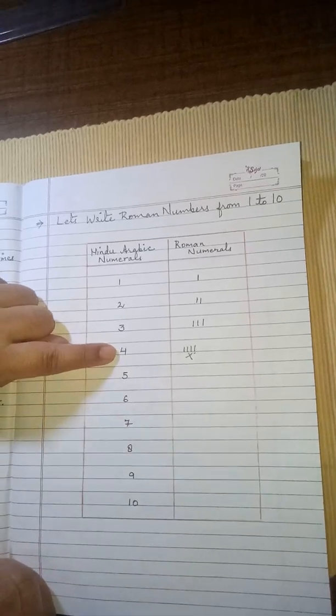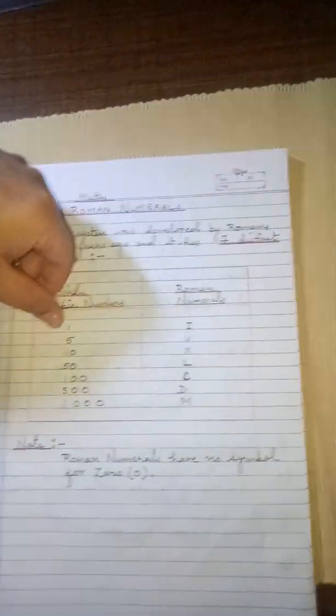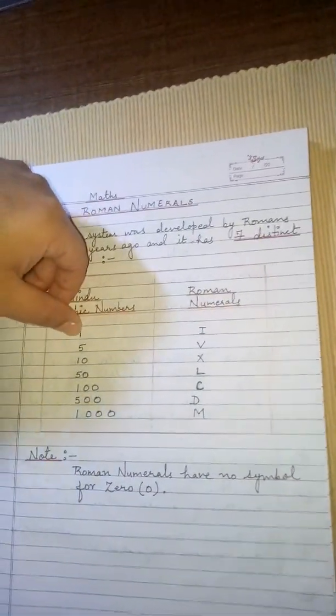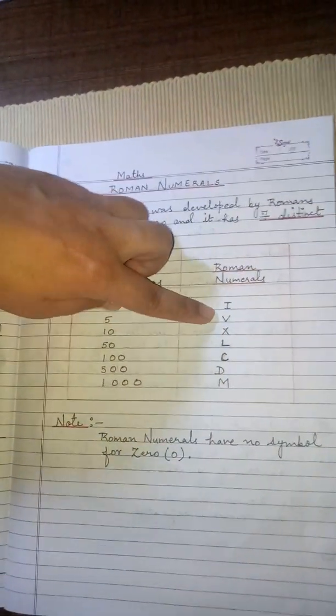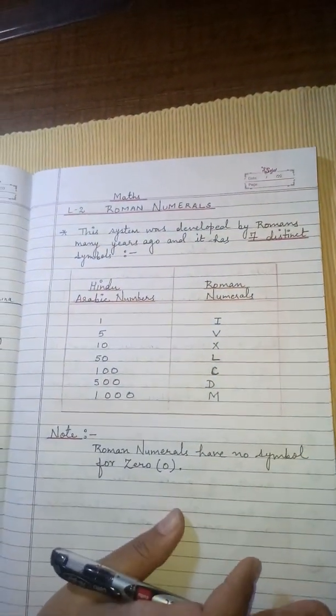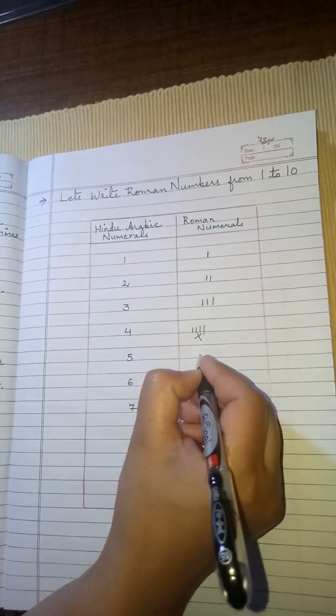Children, let's move on to the next distinct symbol. After 1, another distinct number is 5. So we have a Roman number for 5. It is V. Now we'll make 4 from V because we know the rule of addition and subtraction.